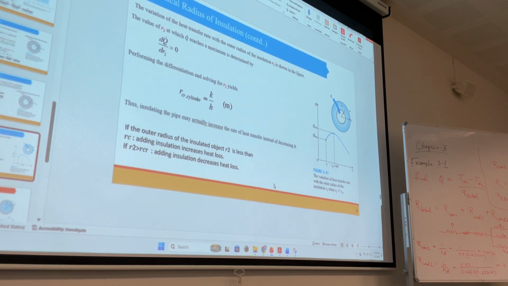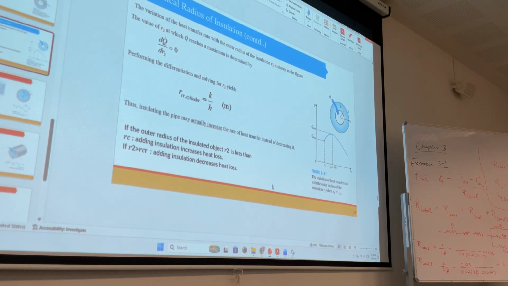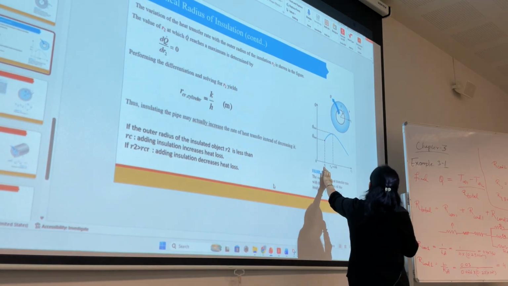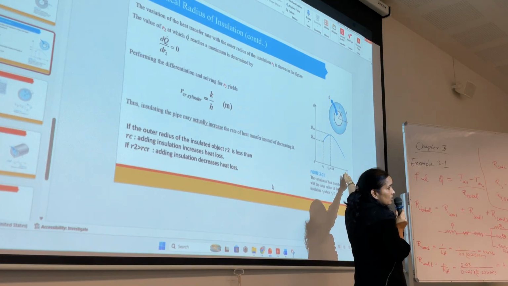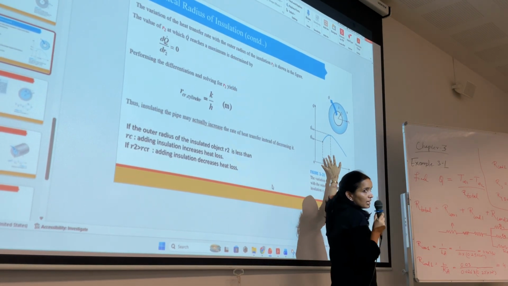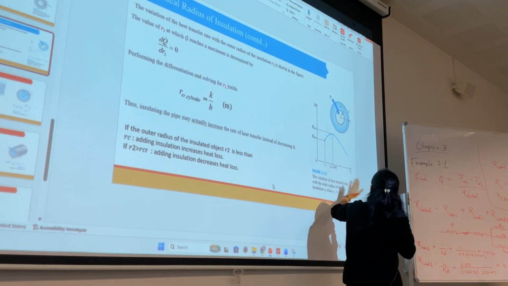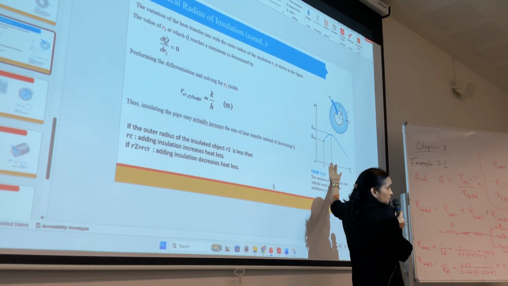I will show you this. So this is called critical radius. This is R1, R2. R2 is the insulation you are applying. R1 is the radius of the cylinder, and you keep applying insulation, increasing it. This is the point where the heat transfer is maximum.